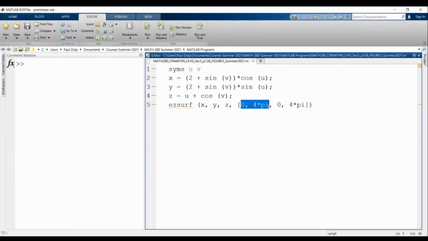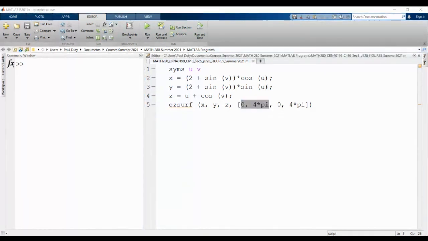So you see here I have 0 to 4 pi. What do you think that stands for, 0 comma 4 pi? Why is that there? Domain. That's right. It's the domain of what variable? Well, there's no t. Our variables here are u and v. Those are our parameters.